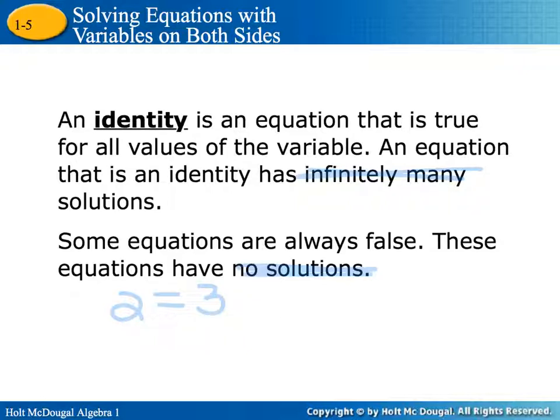And we're going to go through some examples. So when you end up with saying 2 equals 2, you know that's true. So then you're going to have infinitely many. What that means is no matter what number you plug in for the variable, it's always going to give you a true statement. When it's the no solution, no matter what number you plug in, it never works. And we're going to see some examples.